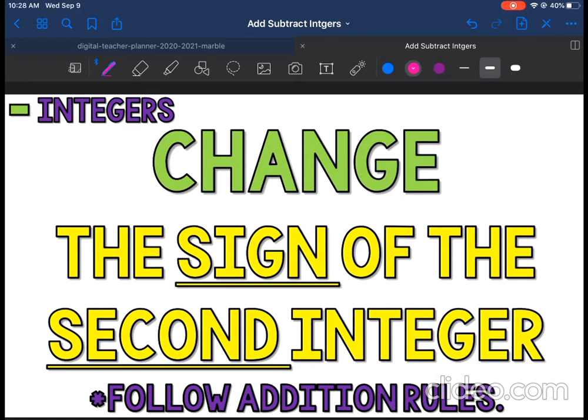Now that we've changed our problem from a subtraction problem to an addition problem, we'll just follow the addition rules. Same sign, add, different sign, subtract. So we're changing our entire problem basically just to get back to our addition rules that we just learned. Does that make sense? We'll do some problems.